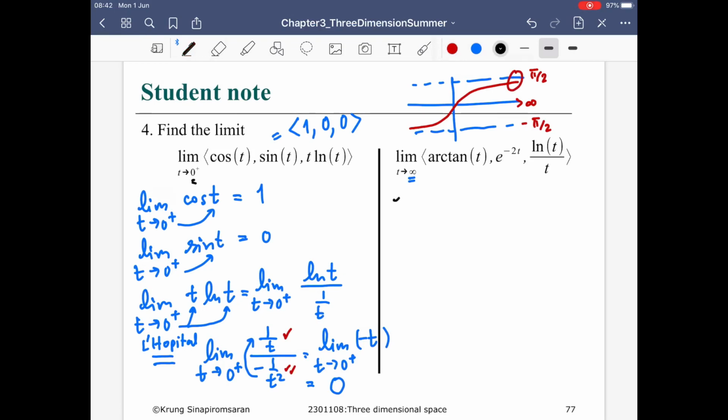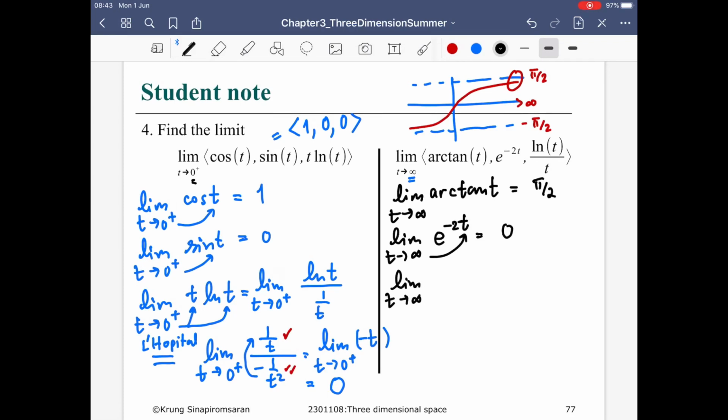This is something that you really need to know from your high school. So the arctangent of infinity is pi over 2, but the e to the negative 2t, it is 1 over e to the 2t, right? As your t goes to infinity, it goes to 0.